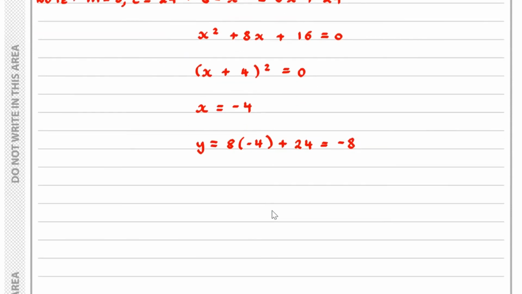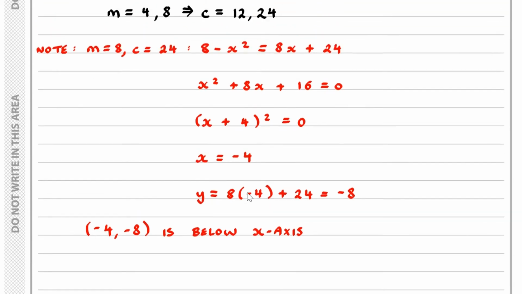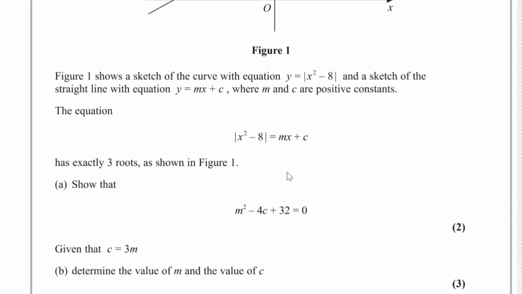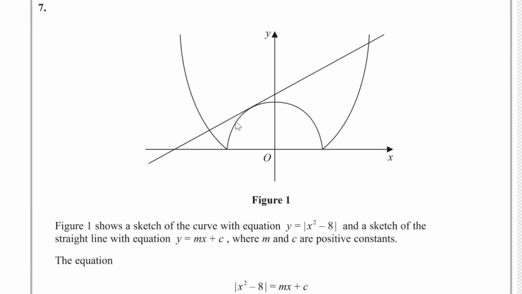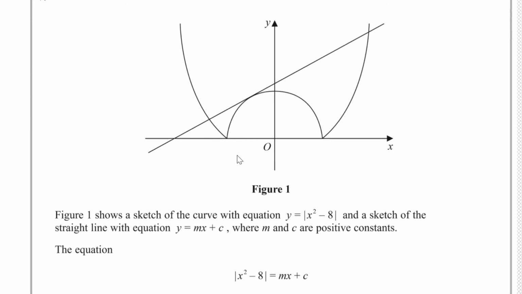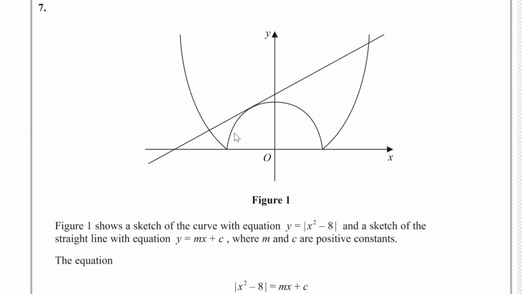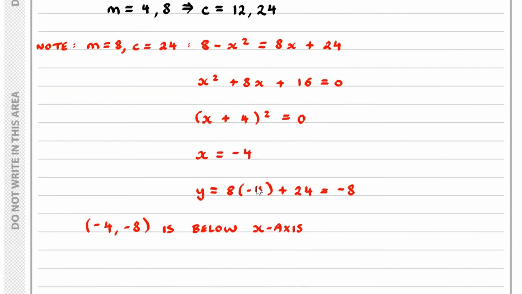So this point of minus 4, minus 8, this is below the x-axis. And I want my straight line to intersect this curve on the above the x-axis.